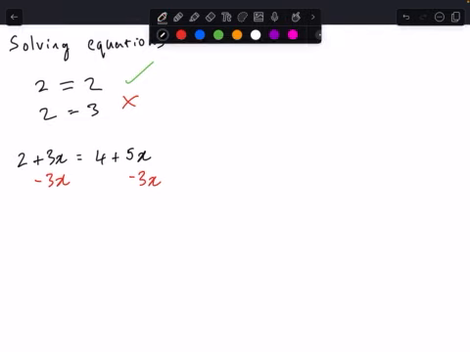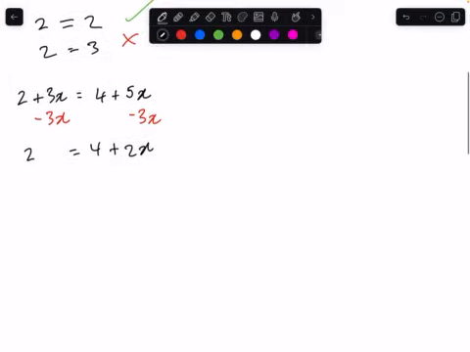So if I do that, we have 2 plus 3x minus 3x. If we're combining like terms, 3x minus 3x gives us 0x, or just 0. So we have 2 equals 4 plus, and we have 5x minus 3x, and that gives us 2x. So we have a positive 2x on the right side. And we keep doing this for any other like terms that we see.